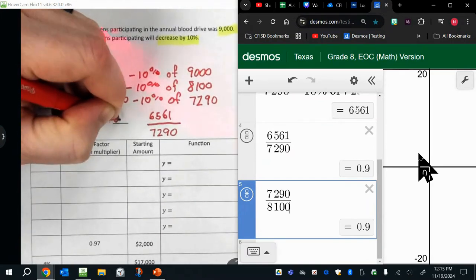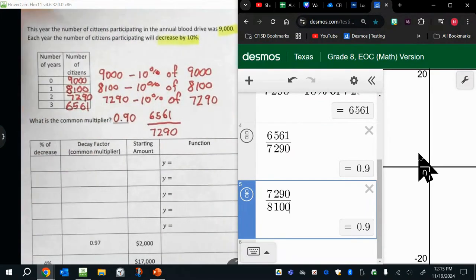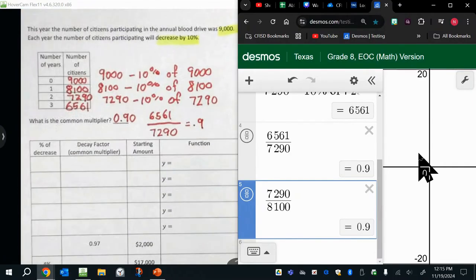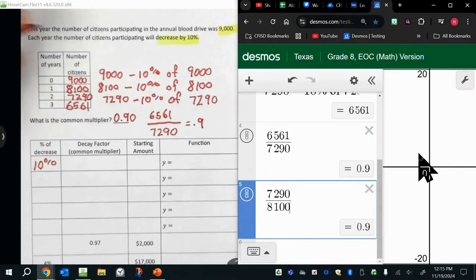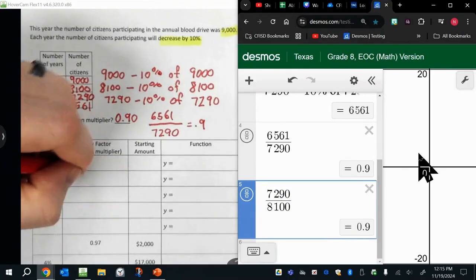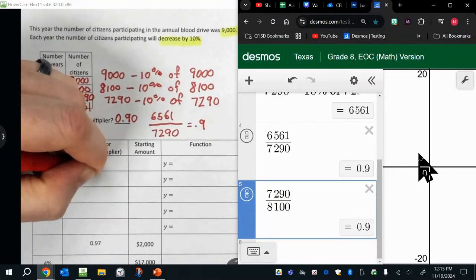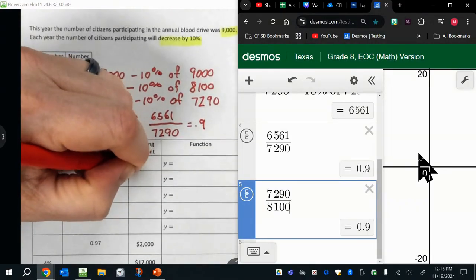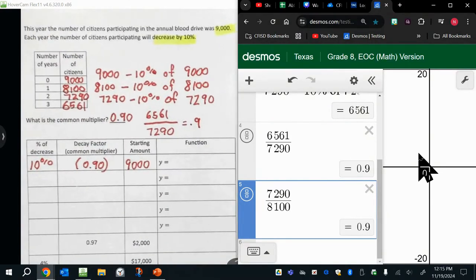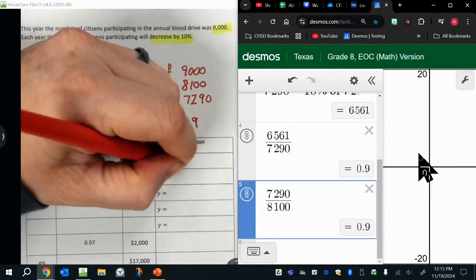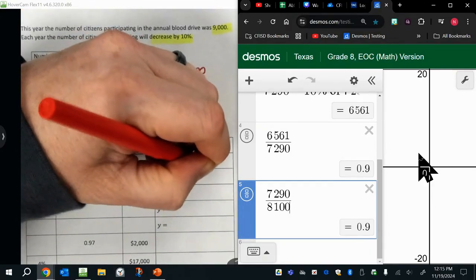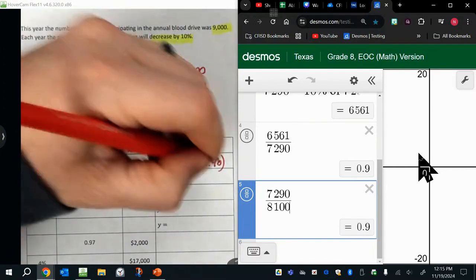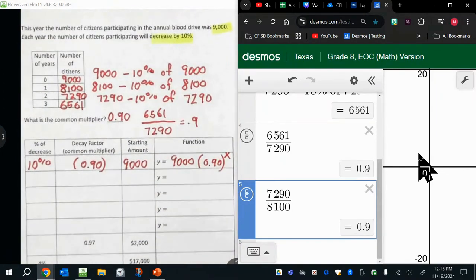So we're going to write it like this, 0.90. So if I am decreasing at 10%, then my factor is 0.90, and my starting amount was 9,000. So my equation would be 9,000 times 0.90 to the power of x.